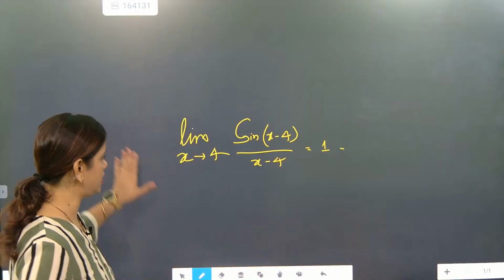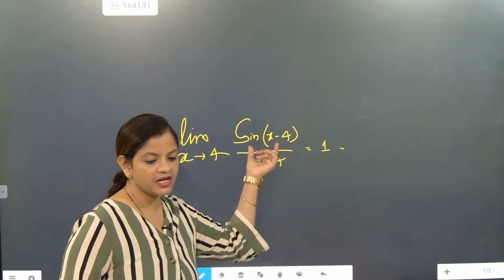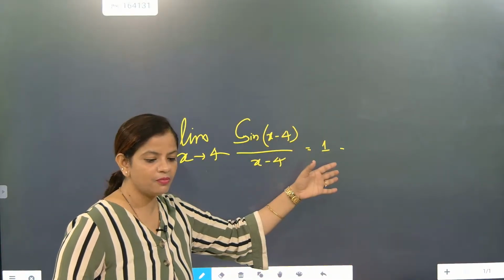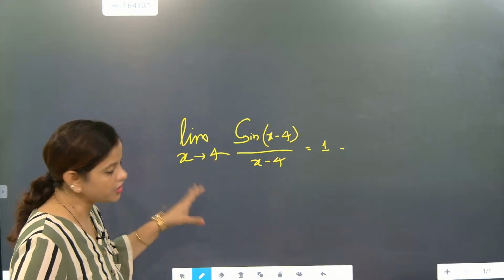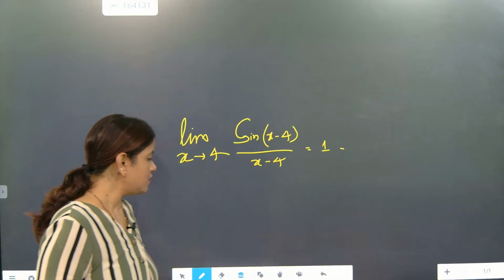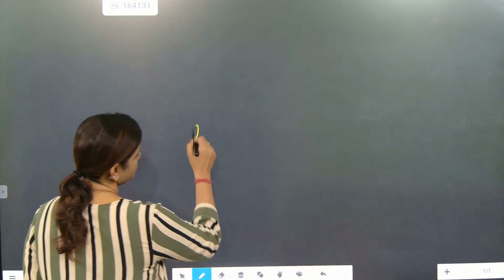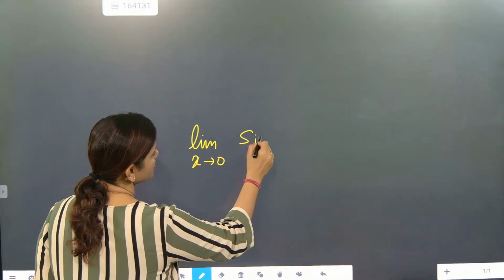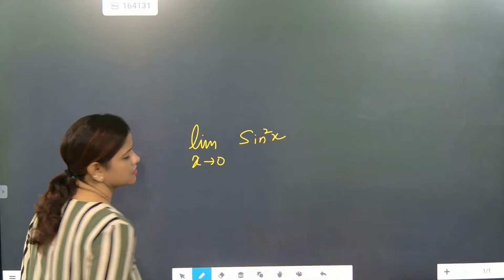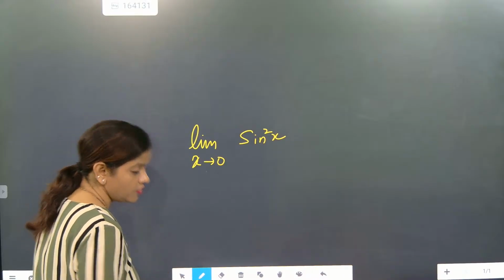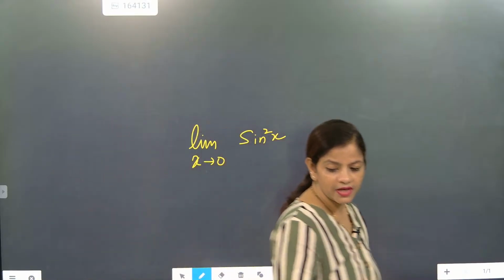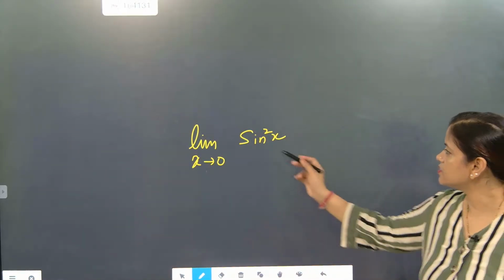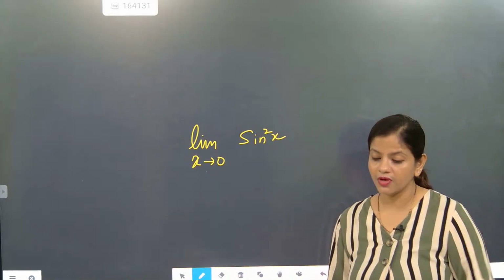I'm telling you clearly, because the sine of a minus b formula you would have to apply, many things are there, but in short I am teaching you this right now. Now beta, if it is written limit x tends to 0 sine square x, here it is coming as sine square x. So what formula are we going to write?